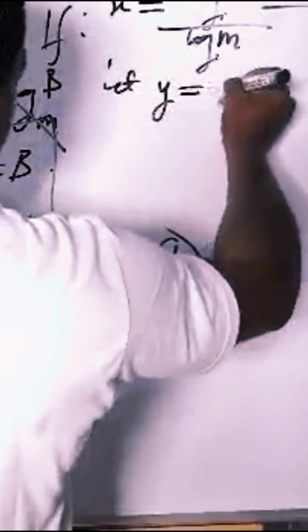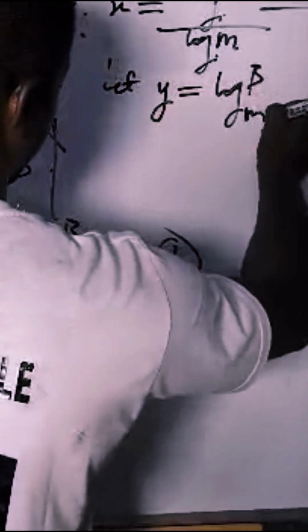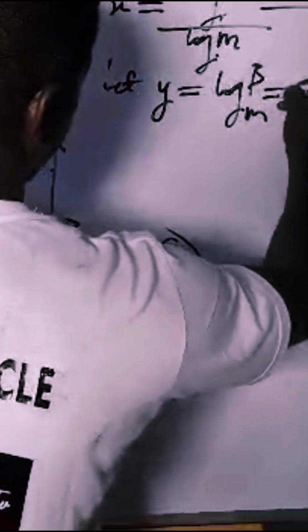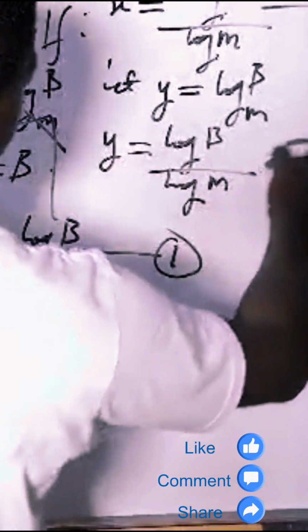So let y represent the right hand part of the equation, which is log b to base m. If that is true, y becomes the log of b divided by the log of m. And I will call this equation number 3.